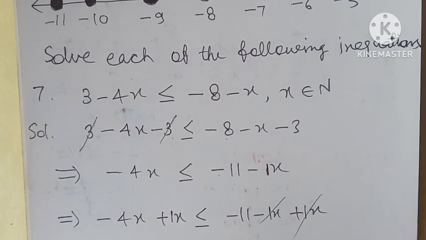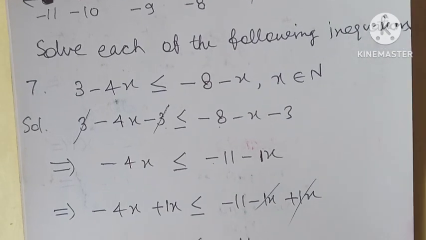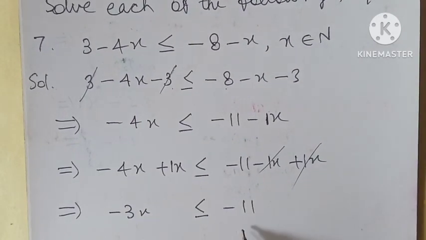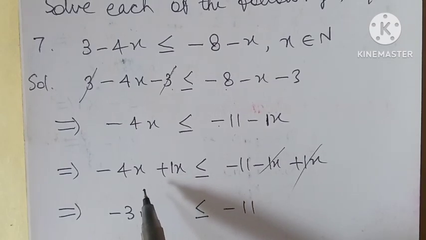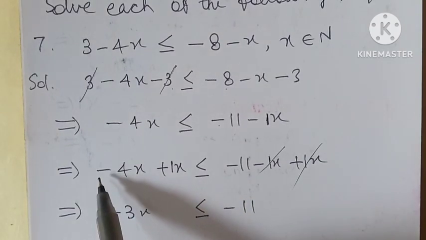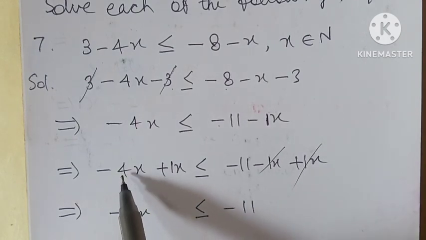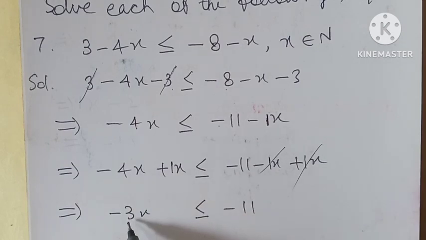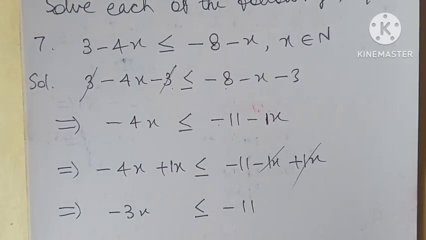Then these two terms are cancelled and we are left with a constant on RHS. So -3x is less than or equal to, here -4 plus 1, the sign of bigger number is minus, so put minus. Now subtract 1 from 4, it is 3. So -3x is less than or equal to -11.